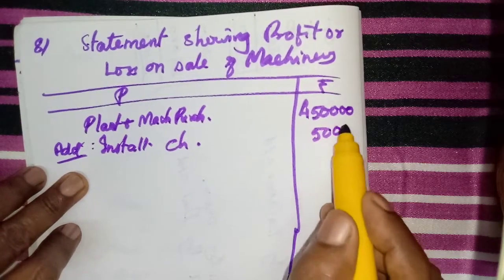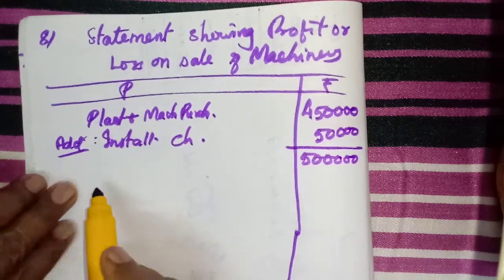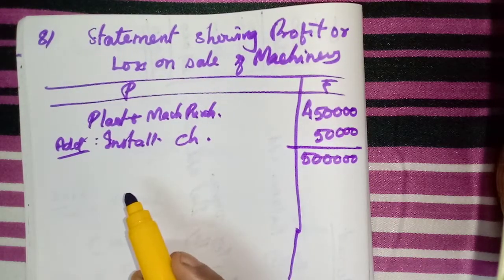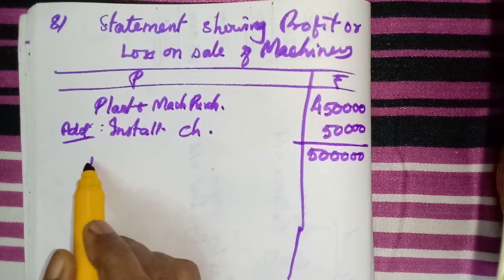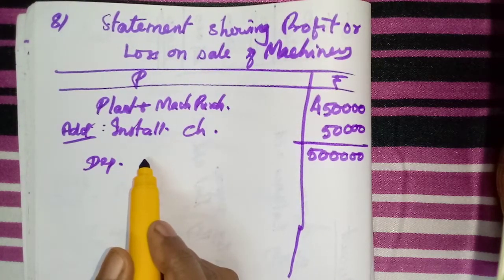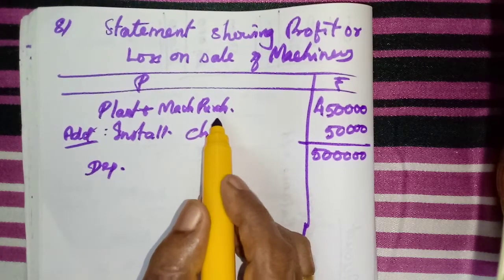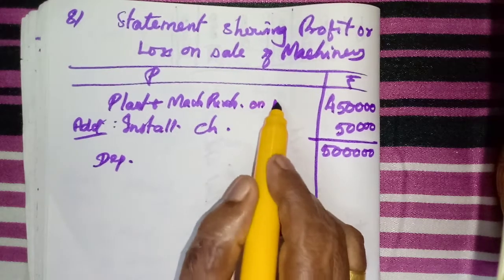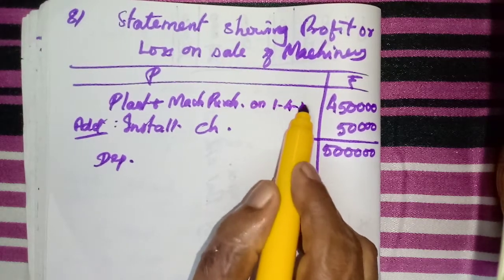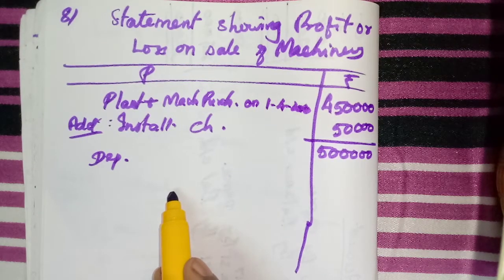So total how much? 5 lakh, isn't it? So from this 5 lakh only we are going to calculate the depreciation. Here the date when they purchased: 1/4/2010. Accounts closed every year 31st March.